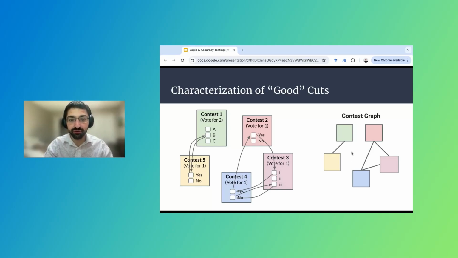So this is the contest graph corresponding to this incorrect bijection, right? There's an edge between contests 1 and 5 because there's swaps between them, and there's edges between 4, 2, and 3.